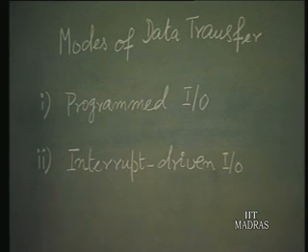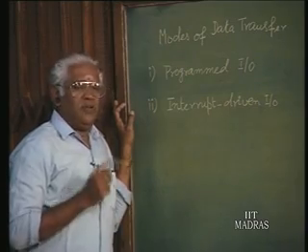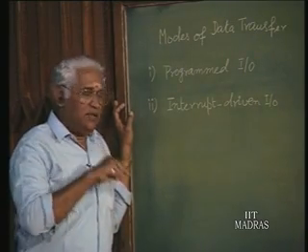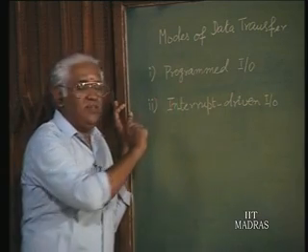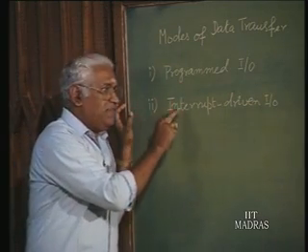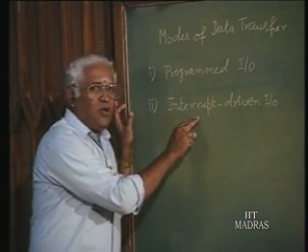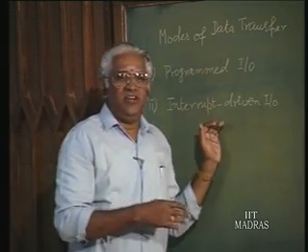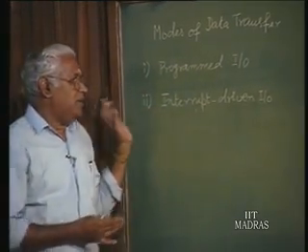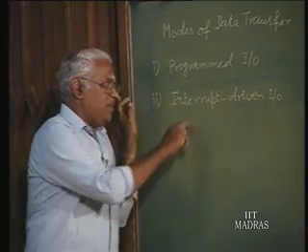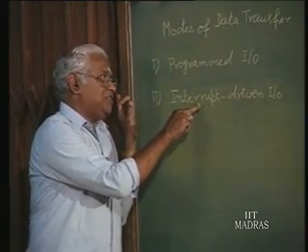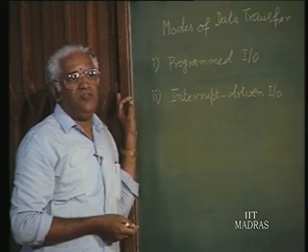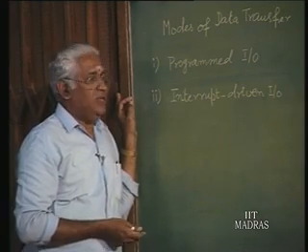So, this is in fact an interrupt driven input output scheme, meaning the CPU does the data transfer as in the previous case, but checking whether the device is ready is not left to the CPU. The device itself, when it is ready, informs, and in the previous lecture, we were looking into the details of how this works.